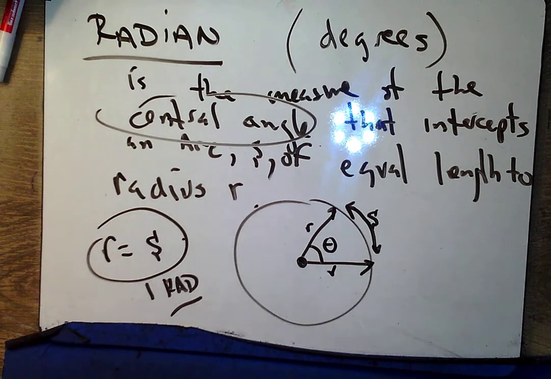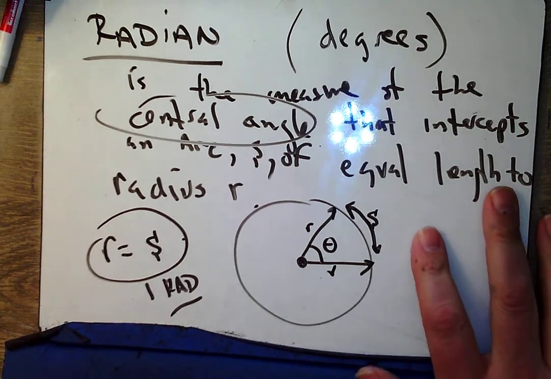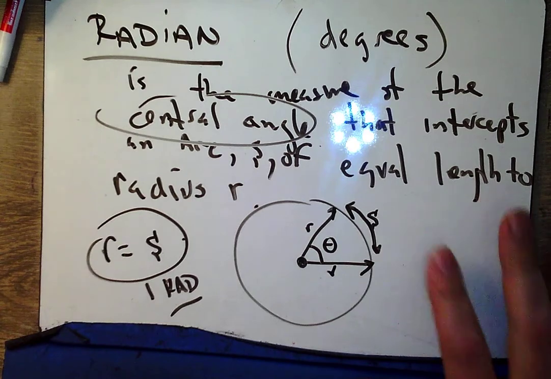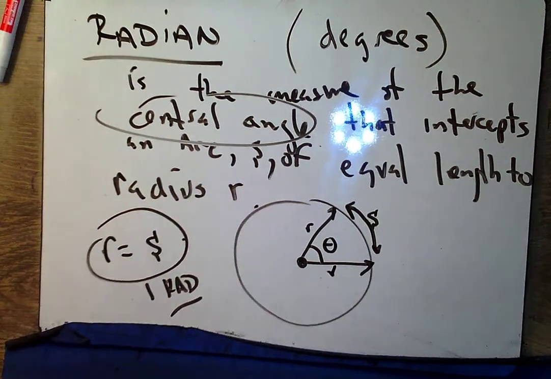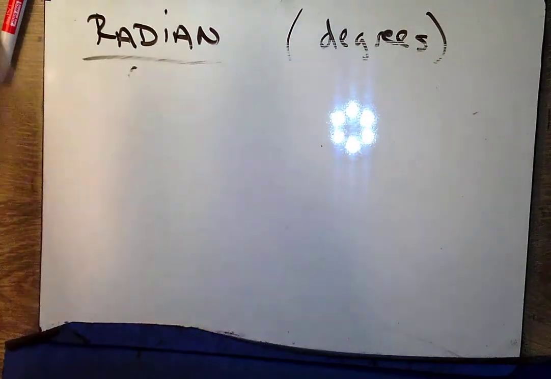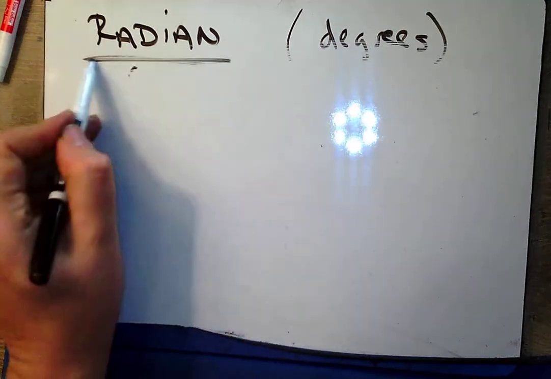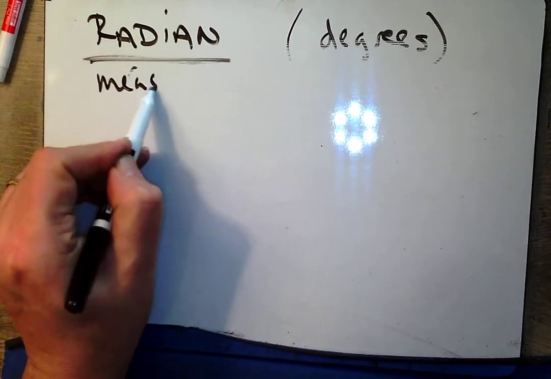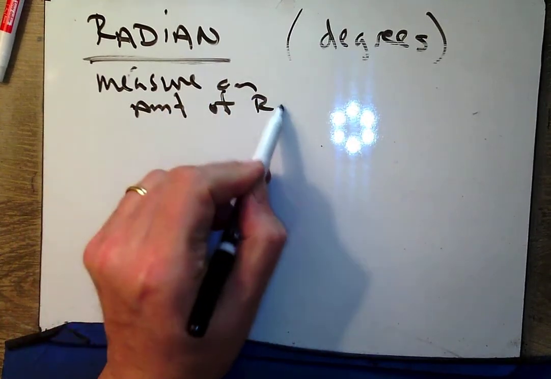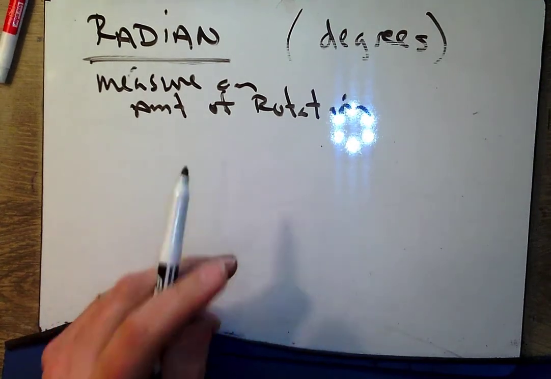So instead of dwelling on this, and I encourage you to torment Mr. Paz for an explanation that makes more sense to you, I actually kind of want to show you radians by applying radians. Okay, and think about radians as a way to measure an amount of rotation.